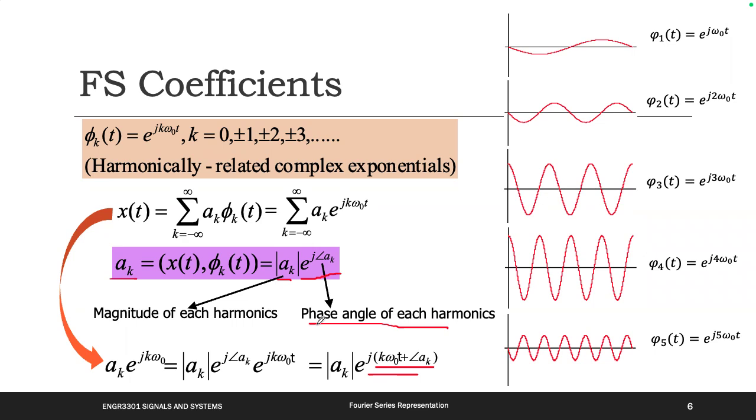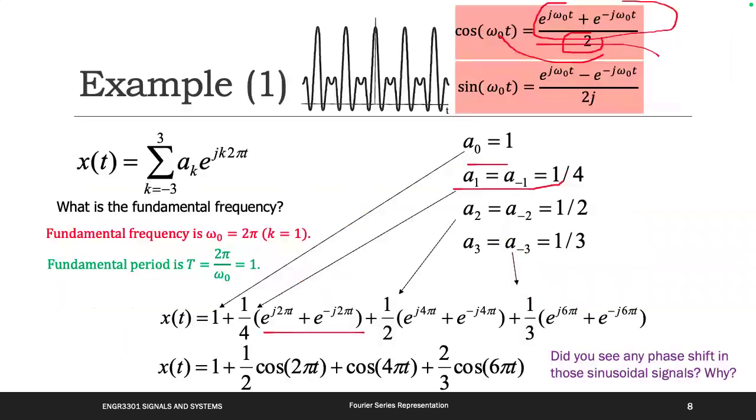If a_k has an imaginary part, these components will have a phase shift, because you will have this part. Any questions? You can see f's coefficients are real without an angle term, which means there is no phase shift. If it has an imaginary part, there would be.